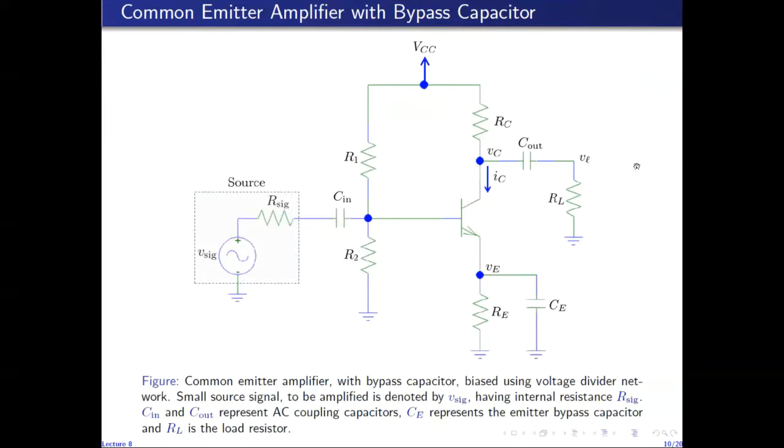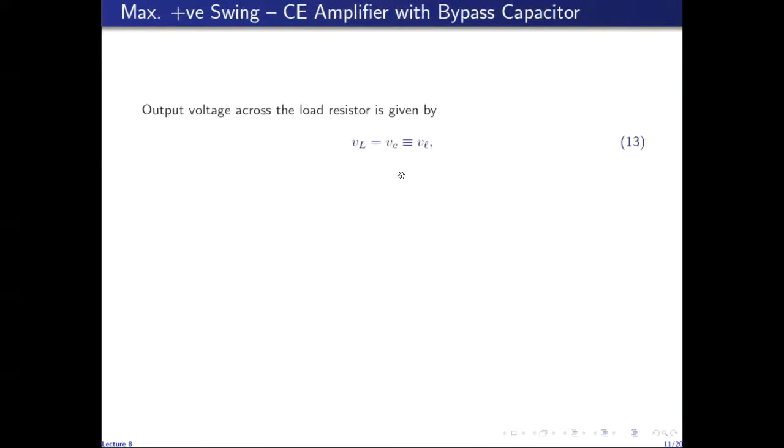So VL is increasing in the positive direction, load current is increasing, current through RC is decreasing. So again, as VL increases in the positive direction, collector current decreases. So the maximum positive peak is observed when collector current becomes zero, when the device enters cutoff mode.